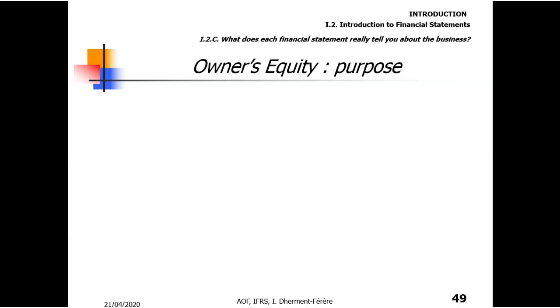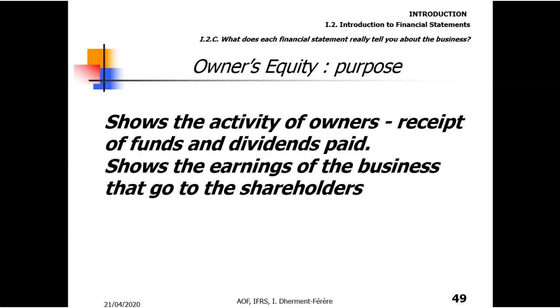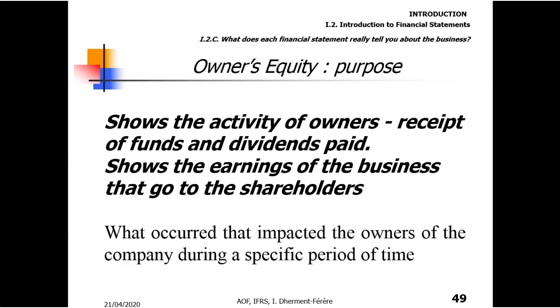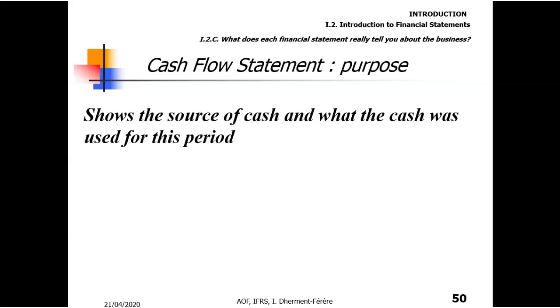What is the purpose of owner's equity? It shows the activity of owners, receipts of funds and dividends paid. It shows the earnings of the business that go to the shareholders. That is, what occurred that impacted the owners of the company during a specific period of time. And what is the purpose of a cash flow statement?